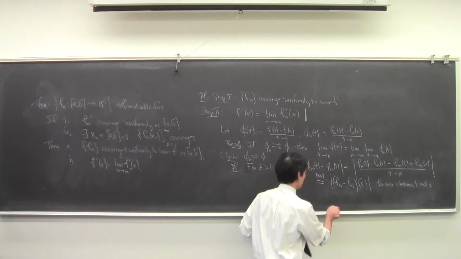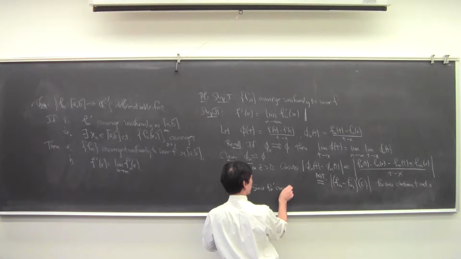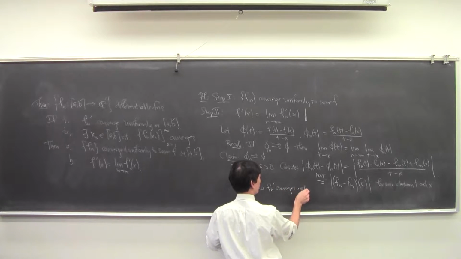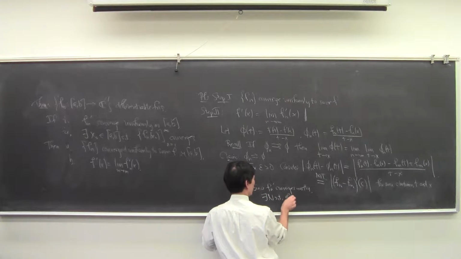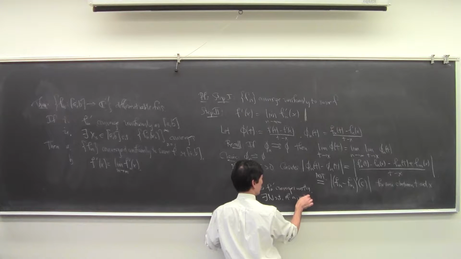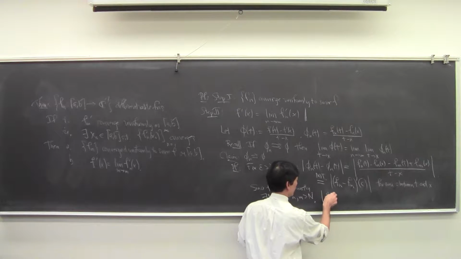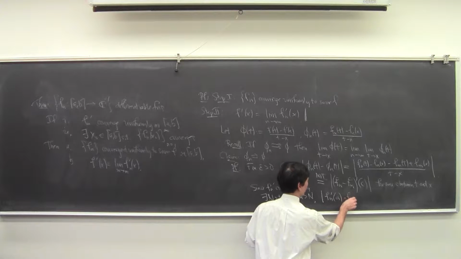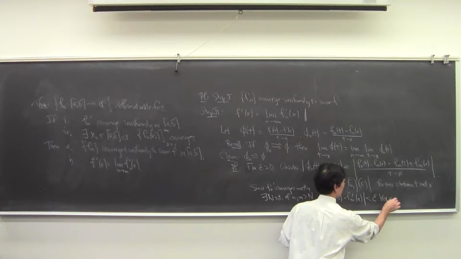Since fn prime converges uniformly, there exists an n such that past that n, fn prime alpha minus fm prime alpha is smaller than epsilon for all alpha in AB.